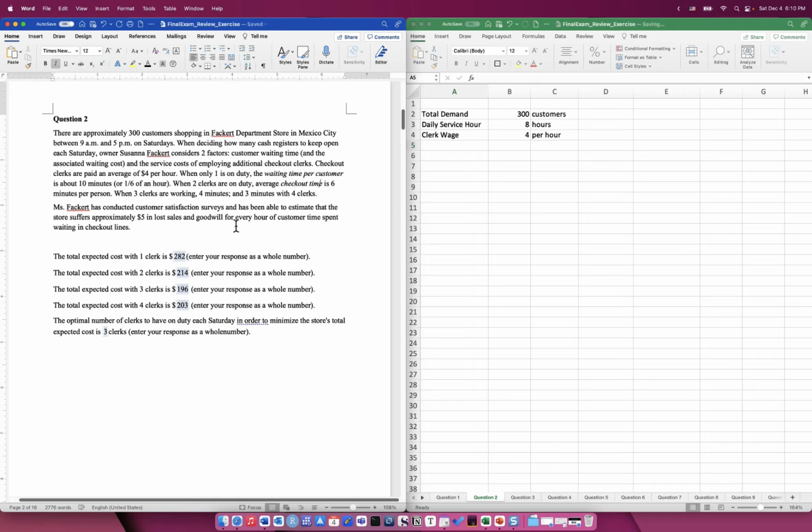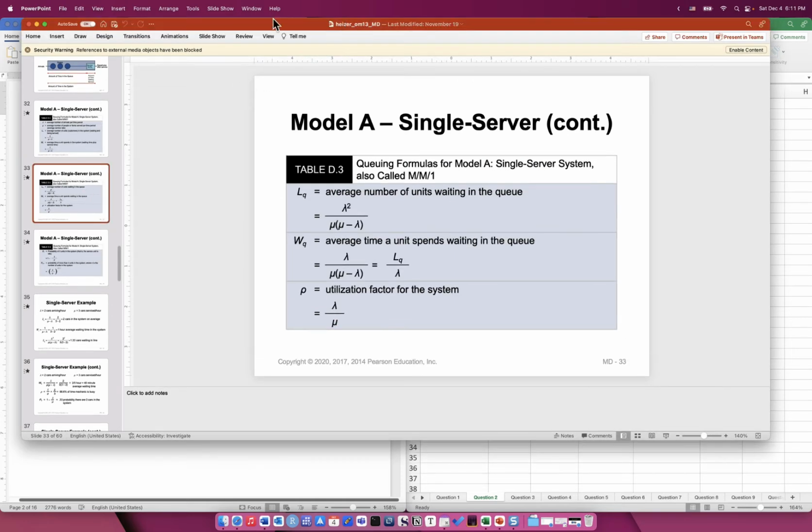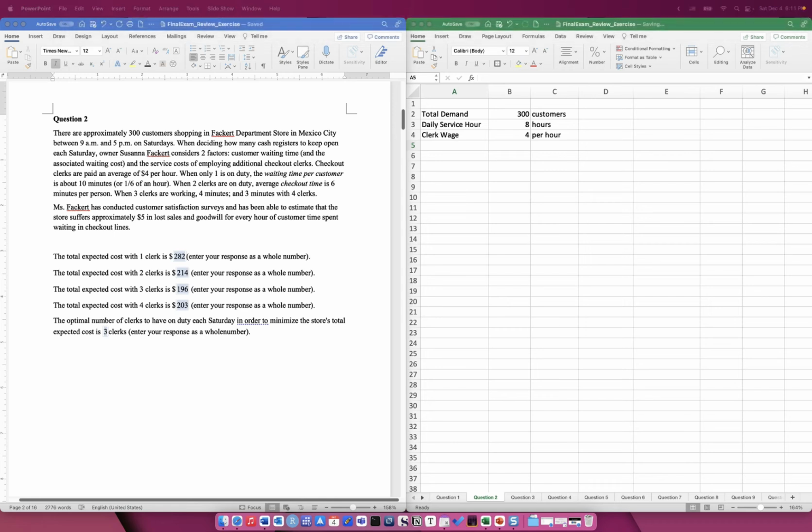So this doesn't require you to do all these things. But you need to know at least that when there's 1 clerk, your system is M/M/1. When there's more than 1 clerk, your system is considered M/M/S. Anyway, from the way this question is presented, I think I can organize my spreadsheet something like this.